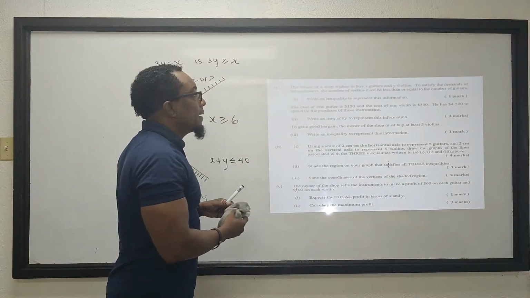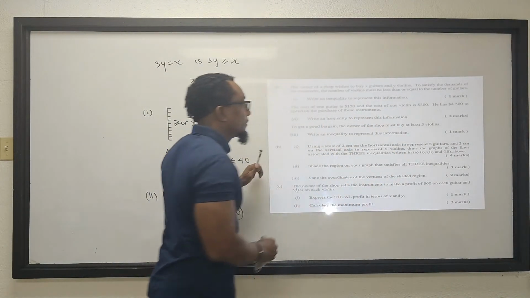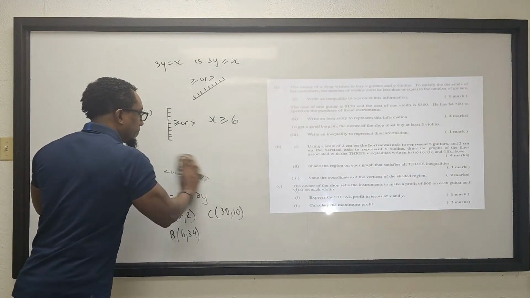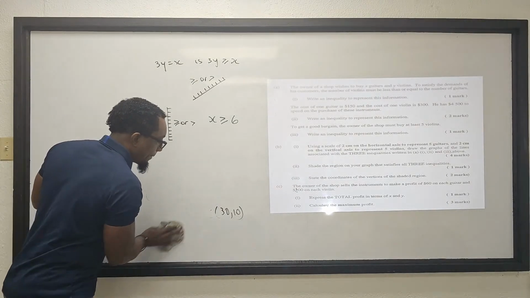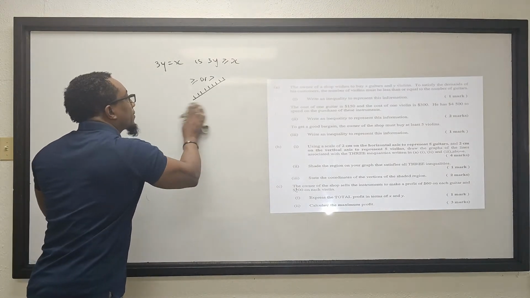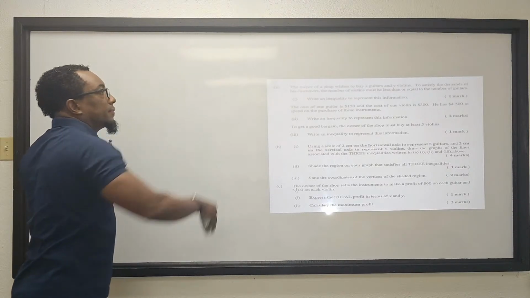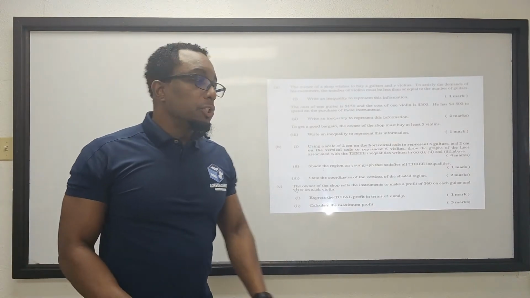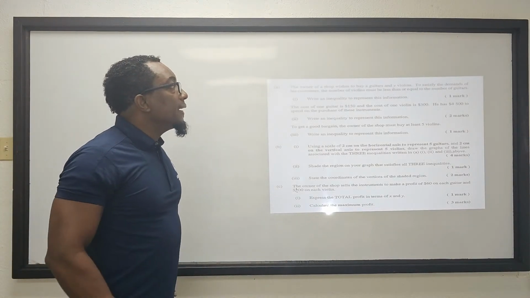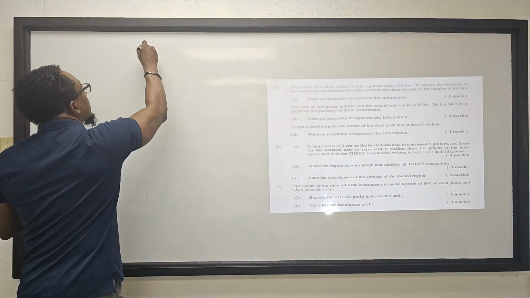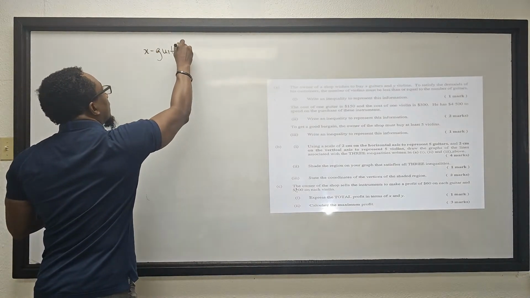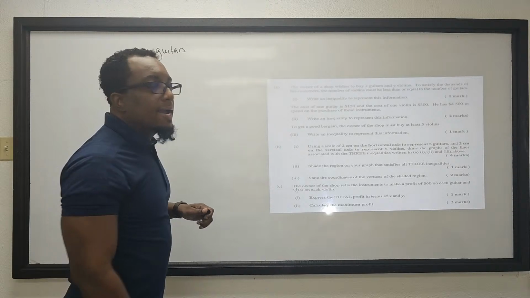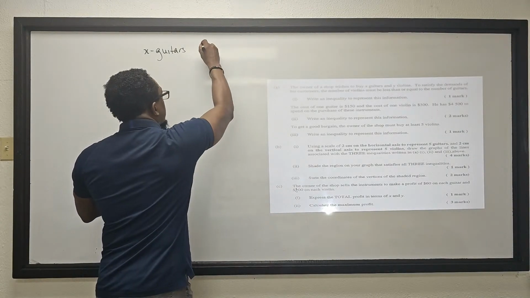Alright, let's look at another linear programming question here. The owner of a shop wishes to buy x guitars and y violins.